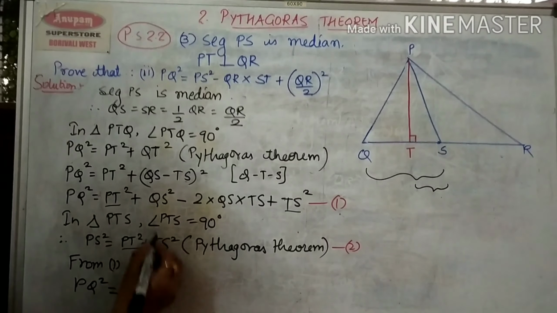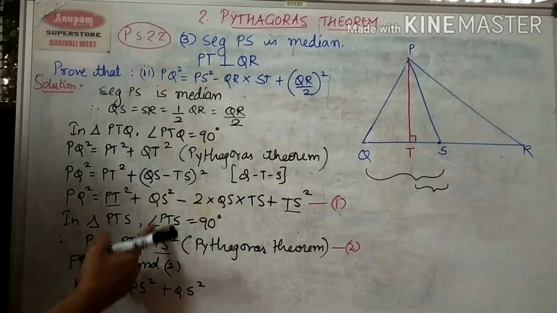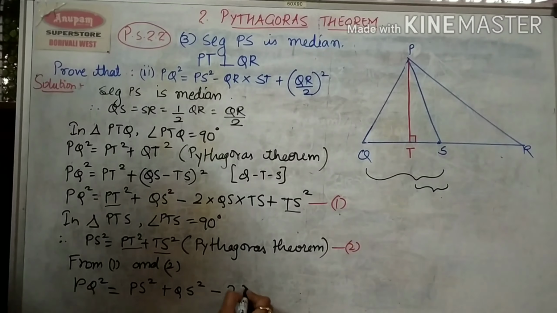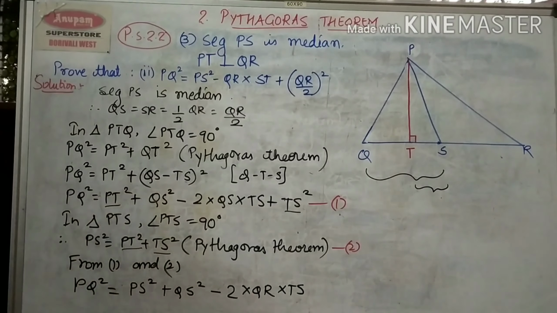So PS square plus QS square minus 2 into QS into TS. So this is what we have got till now.